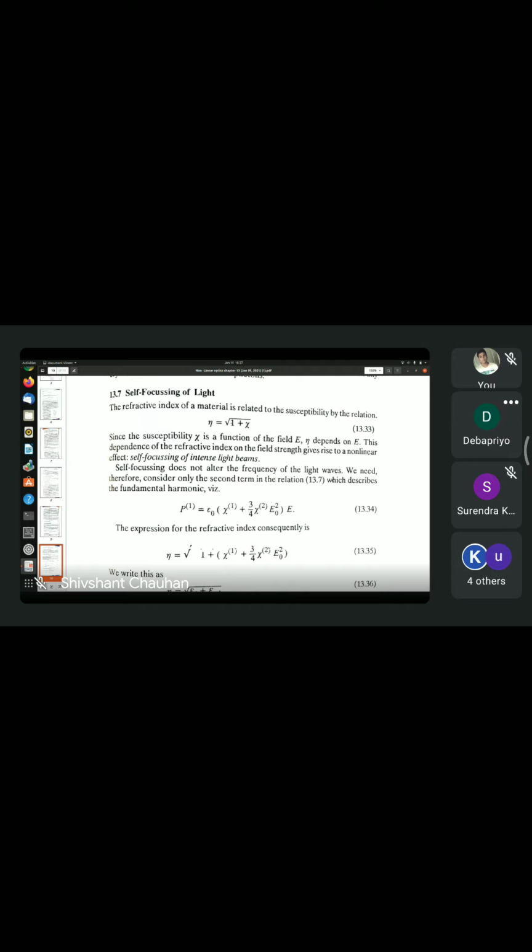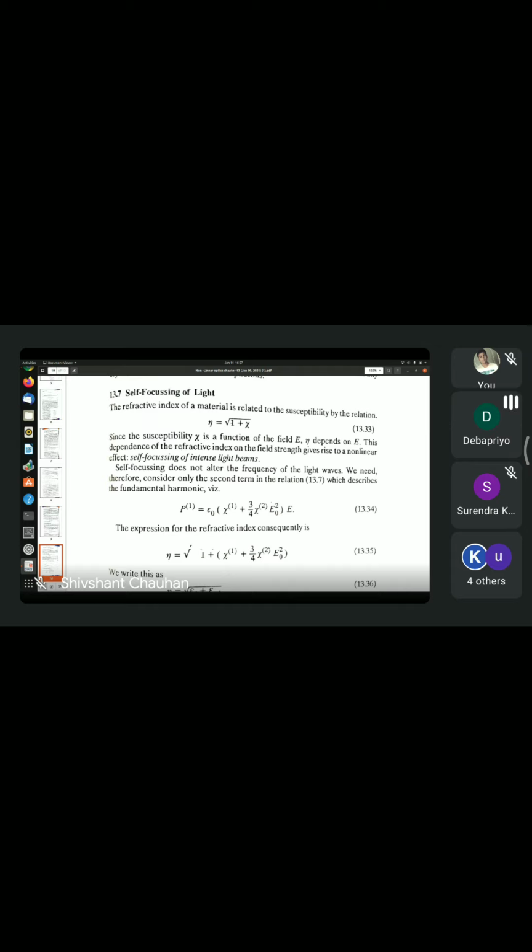So what we are trying to tell is that an intense parallel laser beam, when it enters a non-linear medium, can cause an automatic focusing of itself onto the axis of the beam.